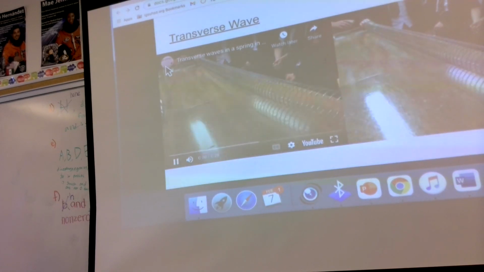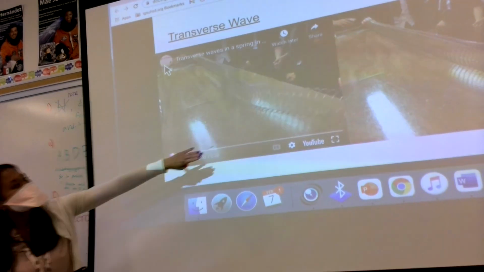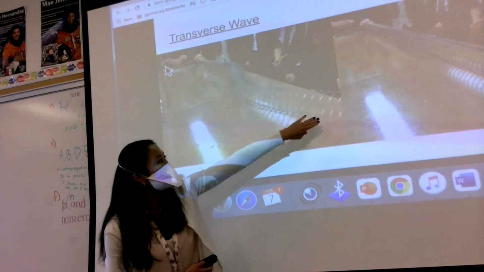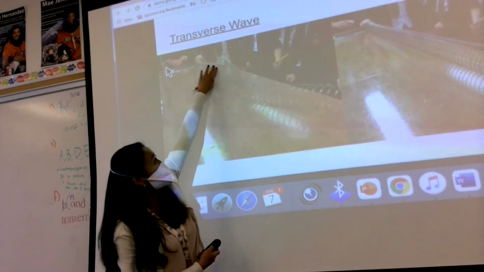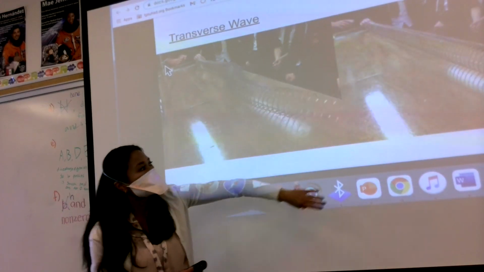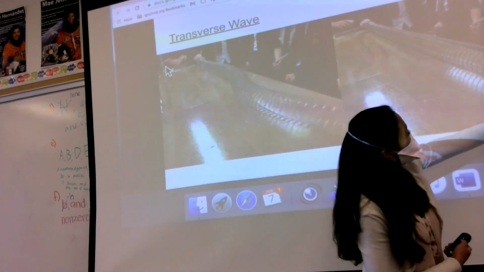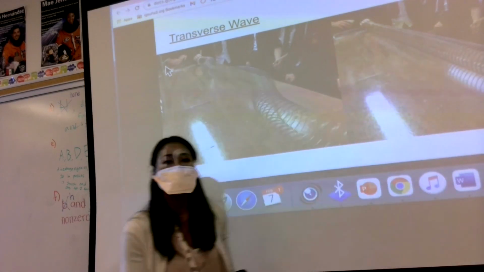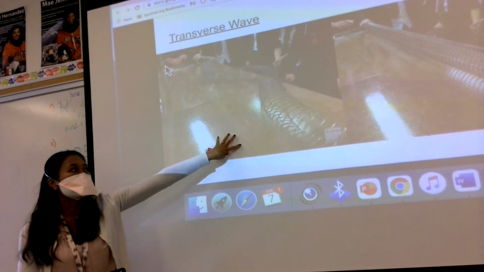And then in a transverse wave, you've got perpendicular motion because the coils move left and right, back and forth, as the wave moves down the table. So here you've got the compression of the coils moving in the same direction as the wave itself, and this one is perpendicular.